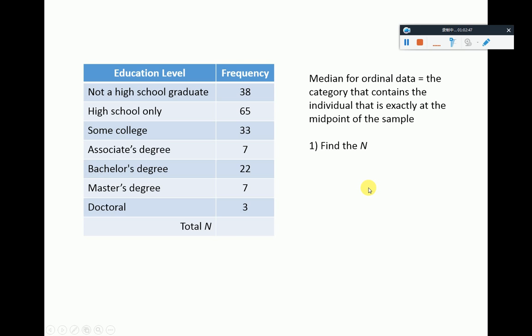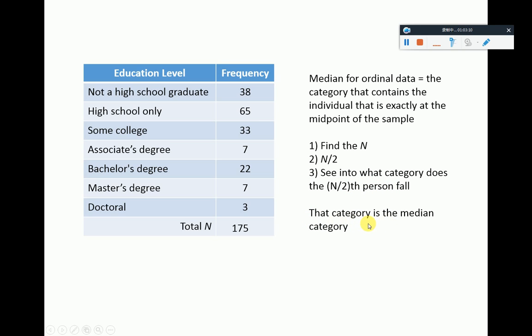So first step is find the sample size, 175. We want to divide the sample size by half because we want to find the individual that's exactly at the center or midpoint of the sample. And then we see into what category this person, the one at sample size divided by 2, falls. And that category is the median category.